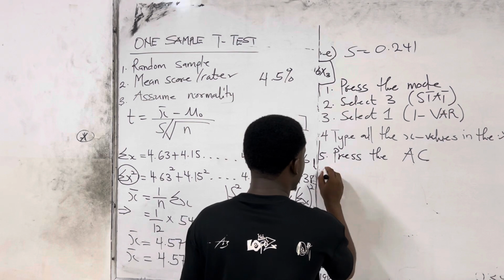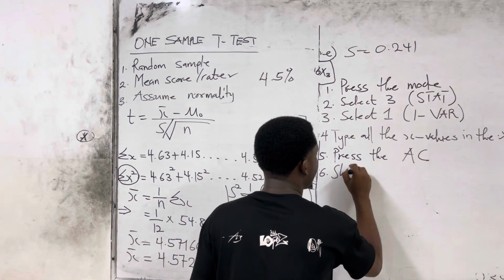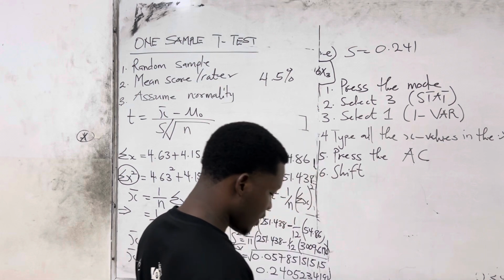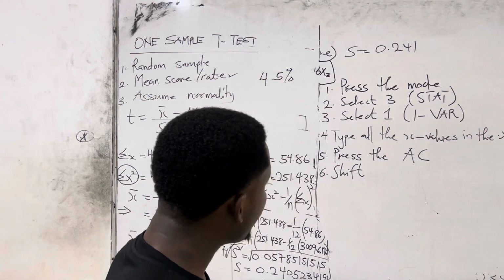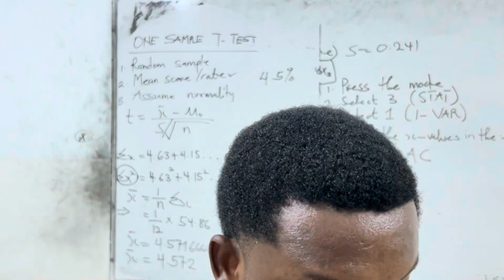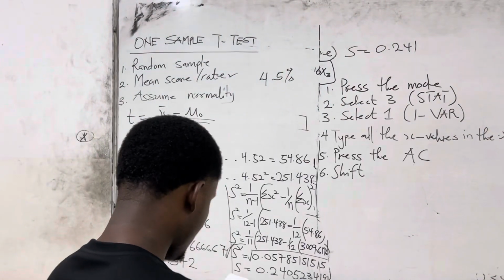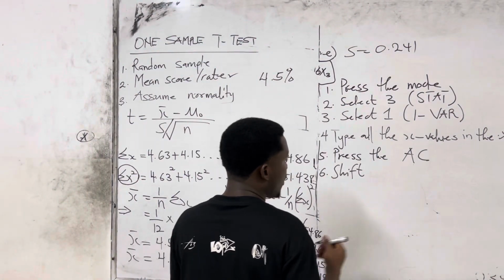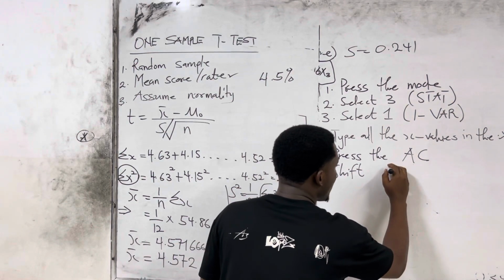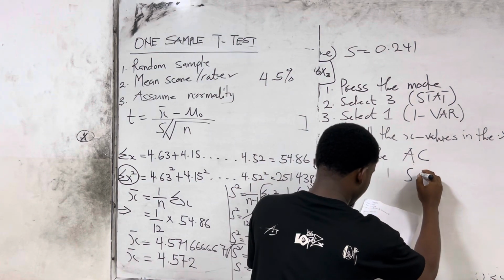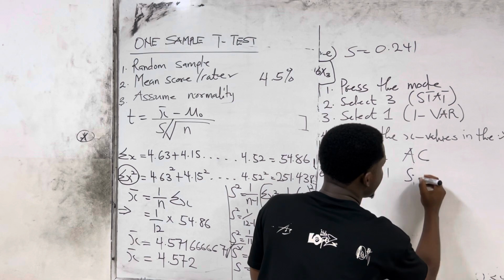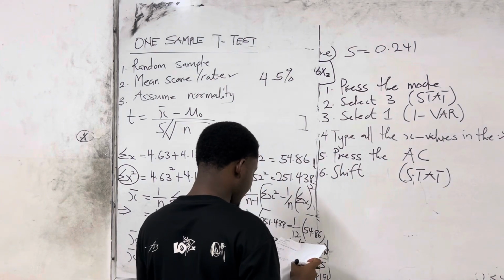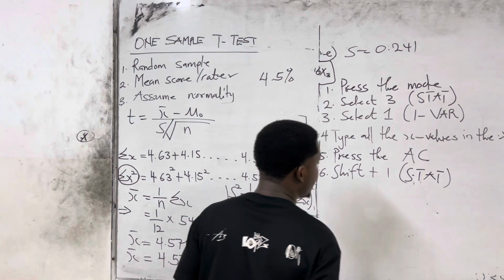So after the AC, you press shift. After pressing the shift, you get 1, so you select 1, which is the stat. So shift plus 1.